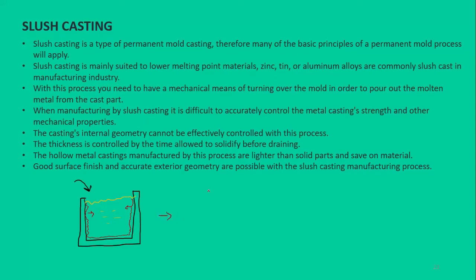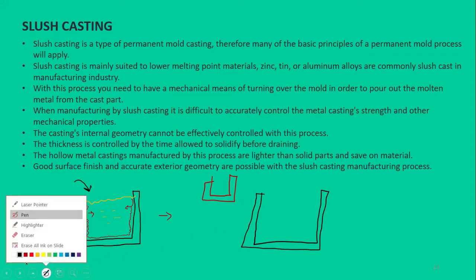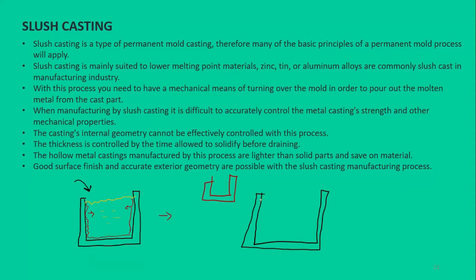After some time, let's suppose I want to make a cup, like a plastic cup like this one, or any other cup of any low melting point material. So after some time you will have a shape like this in the flask. The thickness of the wall would have increased after some time, right?